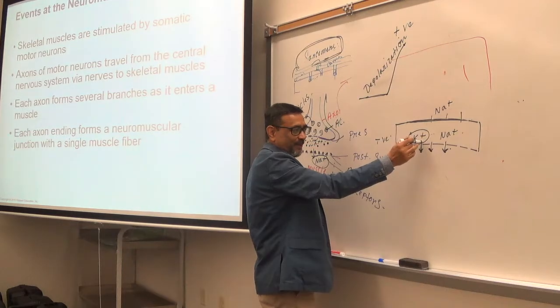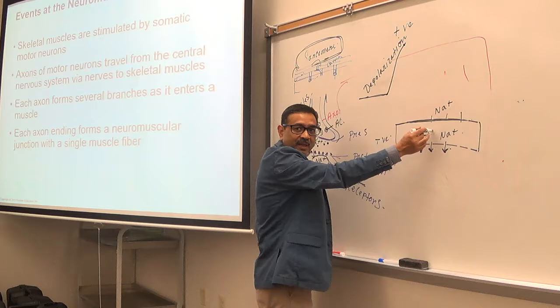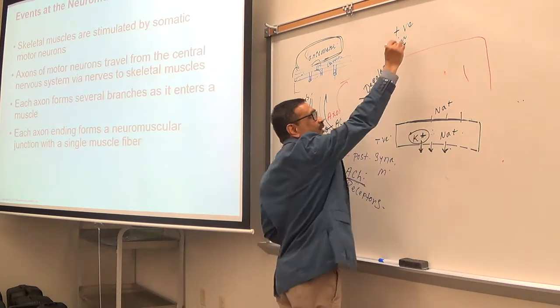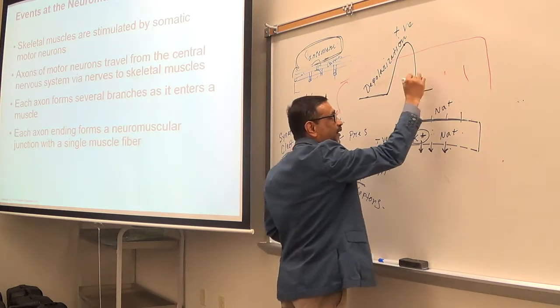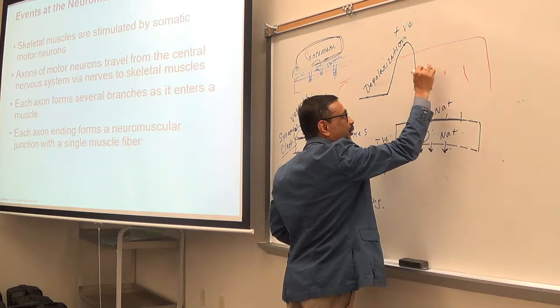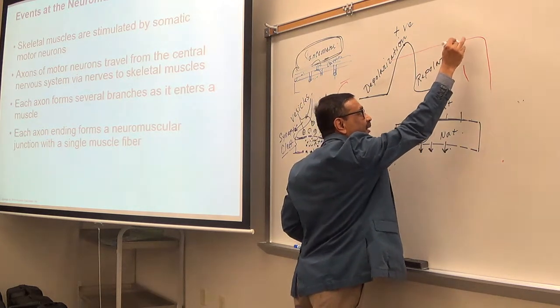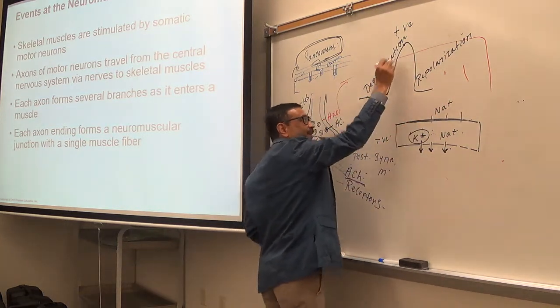So now you tell me, positive potassium is getting out. So inside will be more positive or negative? Negative. Very good. So it will go down towards negative. And that is called what?